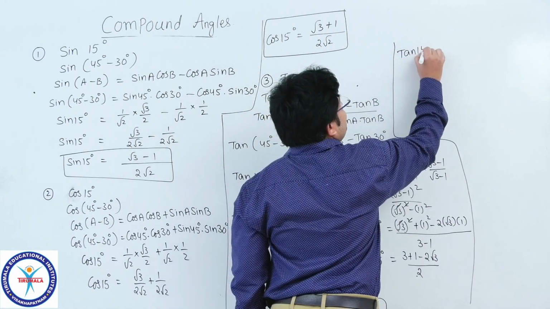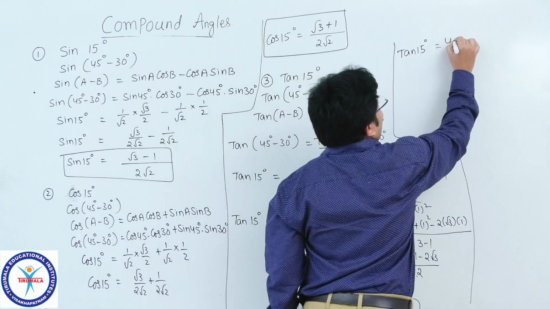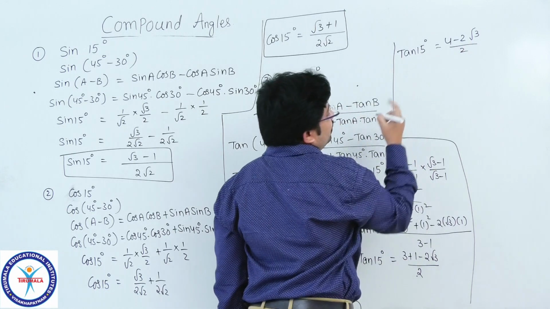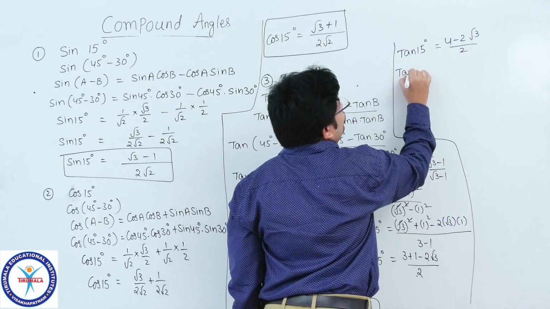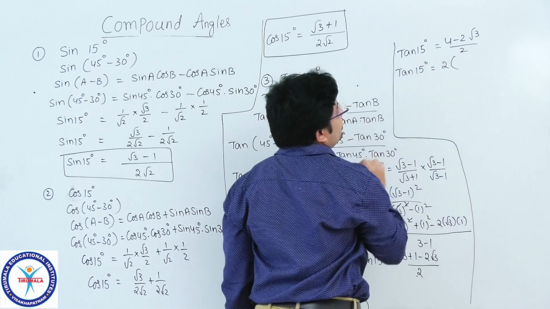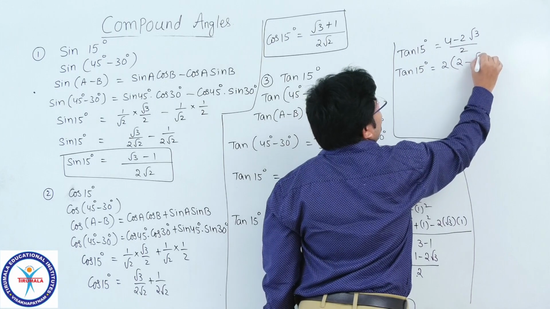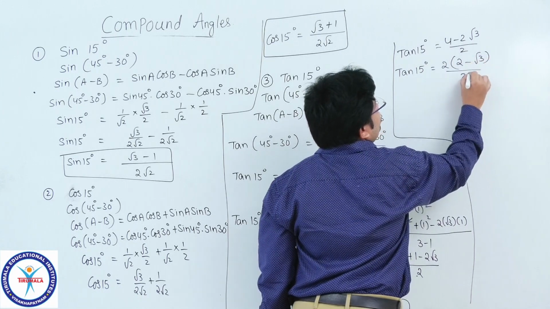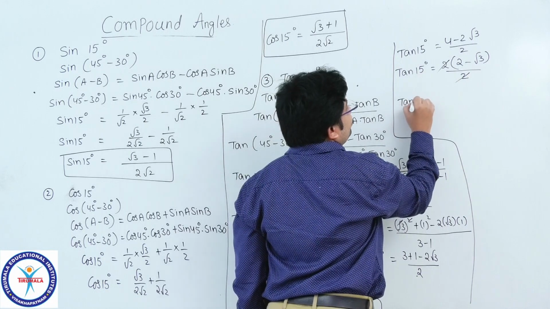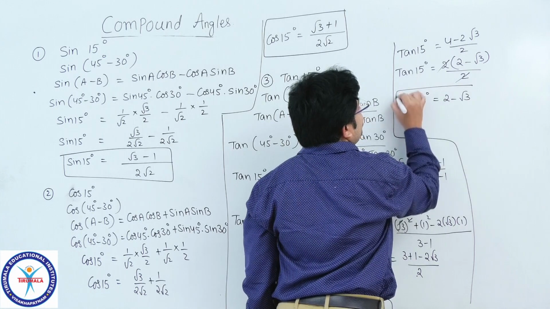Tan 15 degrees is equal to 3 plus 1 is 4, so 4 minus 2 root 3 by 2. Take out 2 as common in the numerator: 2 into (2 minus root 3) by 2. Now the numerator 2 and denominator 2 get cancelled. Therefore, tan 15 degrees is equal to 2 minus root 3.